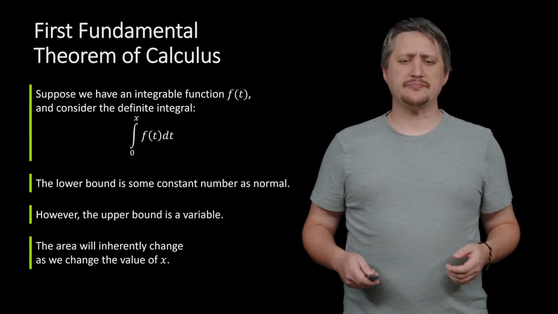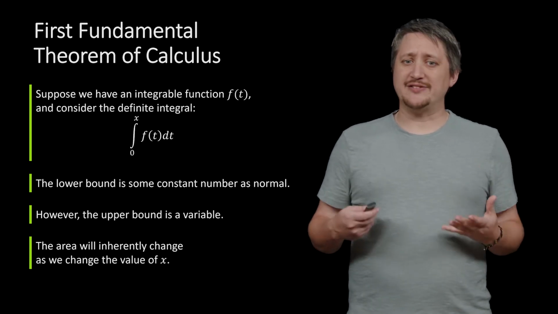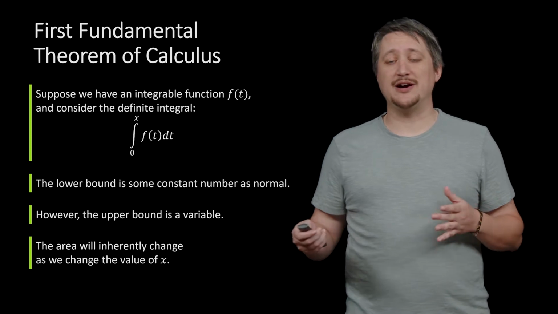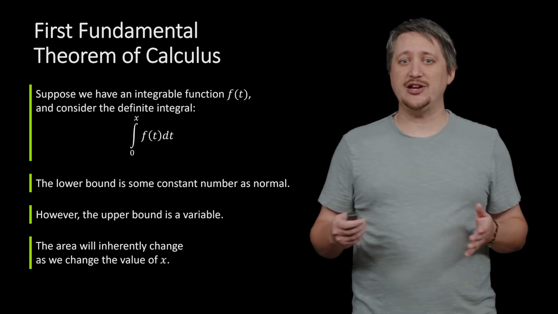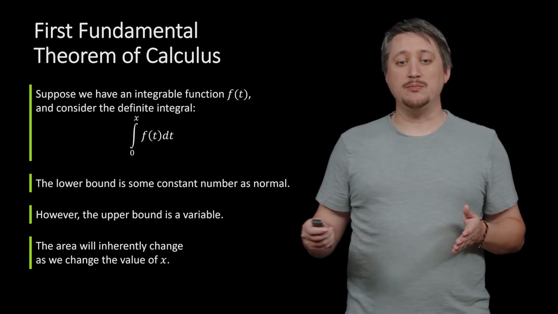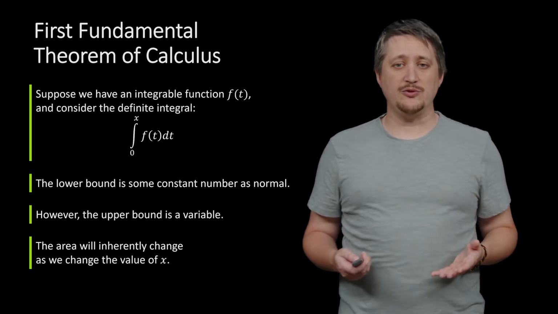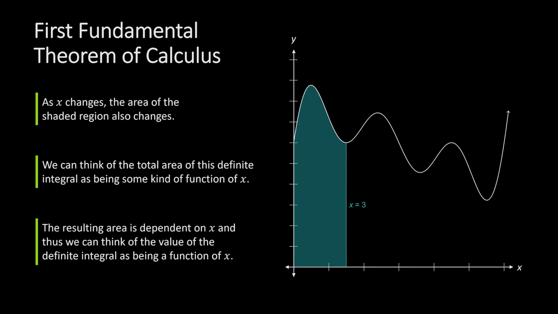What that's telling us is that the right-hand bound is set by some input, right? As x changes, that right-hand bound will move, and thus the area will inherently change as we change the value of x. So as x changes, the area of the shaded region also changes.